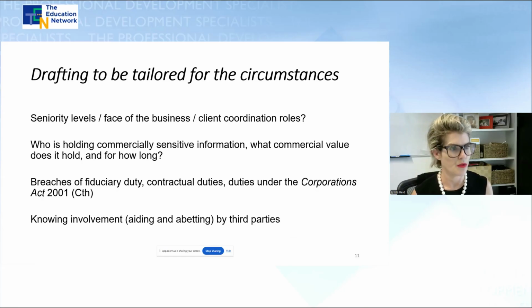Now, if we're trying to enforce a restraint of trade against somebody who is in an entry-level position who might have confidential information, but also may not be able to use it, or really isn't going to attribute a commercial value to the confidential information that they might hold, is less likely to have a restraint enforced against them.